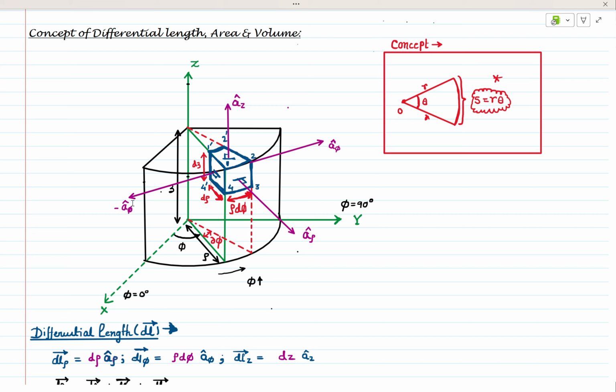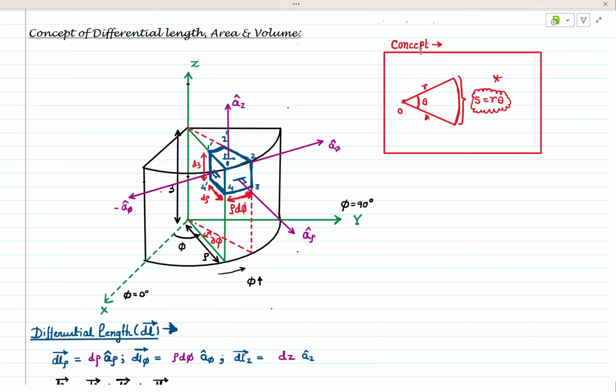That will be nothing but in the minus a phi direction, right? That is nothing but the perpendicular to this area. Similarly, for the area 1 dash 2 dash 2 1, the top area, az will be the direction vector of this particular area.